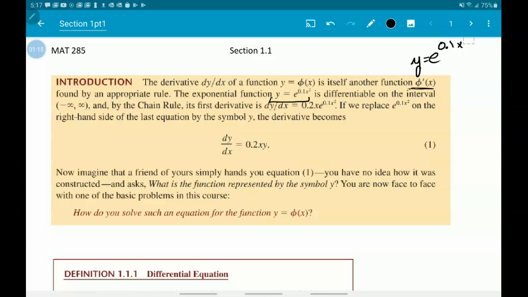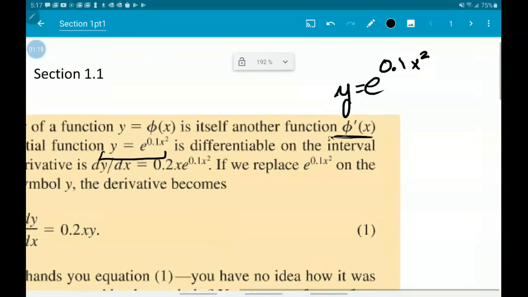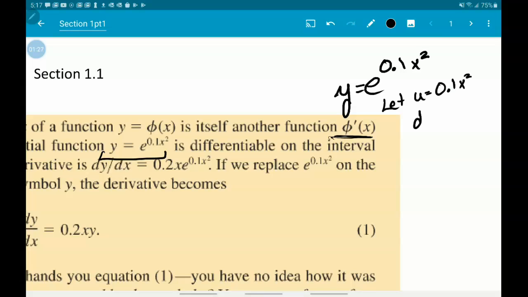If we were to take the derivative of that function, we could use the chain rule. So remember back in Calc 1, we would let u be the exponent, so du would be 0.2x. We would do a substitution. So we have y equals e to the u.